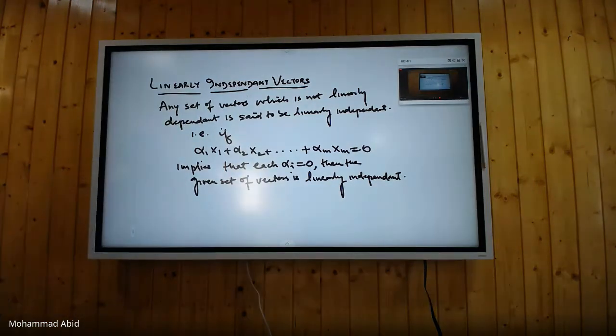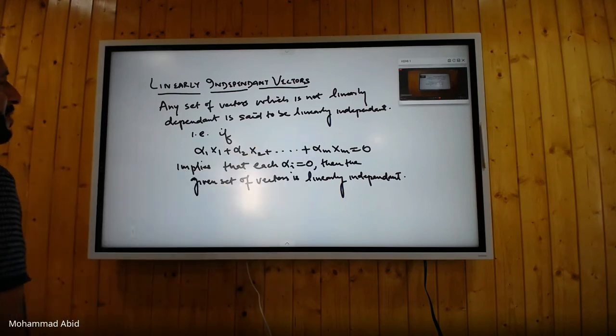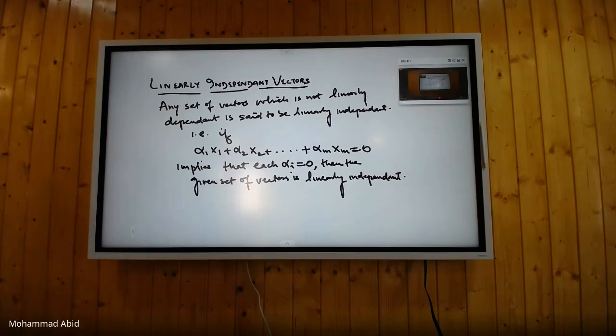Are you getting me? Means आपने linear combination vectors की define की through scalars alpha 1 up to alpha m, which are real scalars, and to solve this equation. If the only solution to this equation is all alphas equal to 0, then the given set of vectors is linearly independent. Do you get me? Is that clear? Yes, sir. Okay.